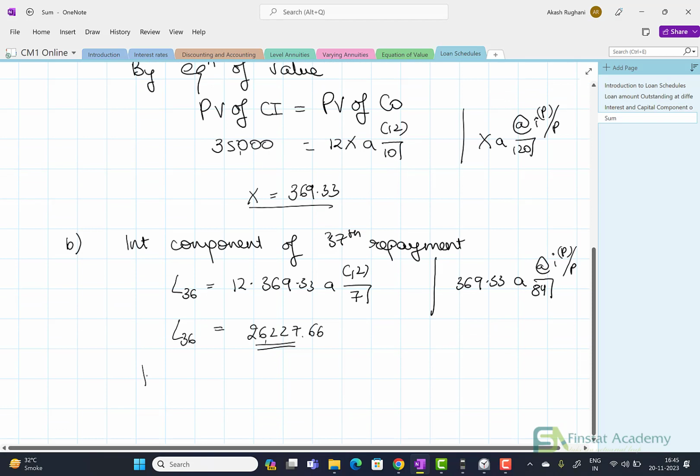Yeah, so for me the interest component will be whatever is L36 now into IP by P. Why do I have to do that? Because this is monthly effective.